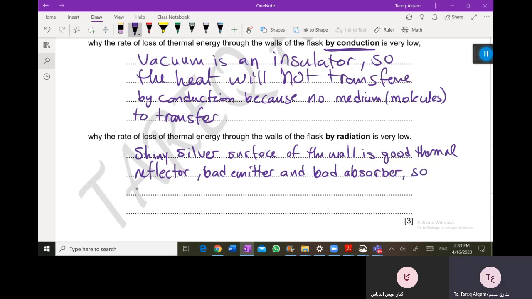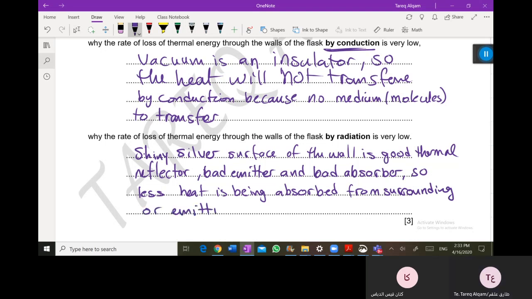So less heat is being absorbed from the surroundings or emitted from the liquid. Okay, clear?